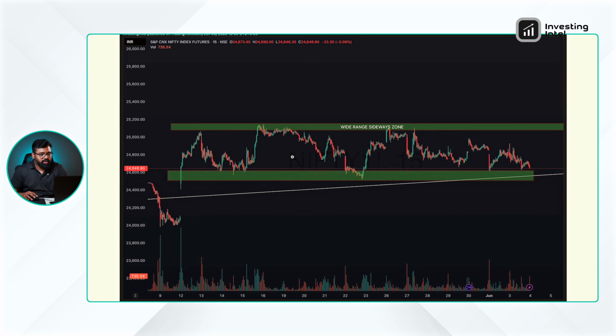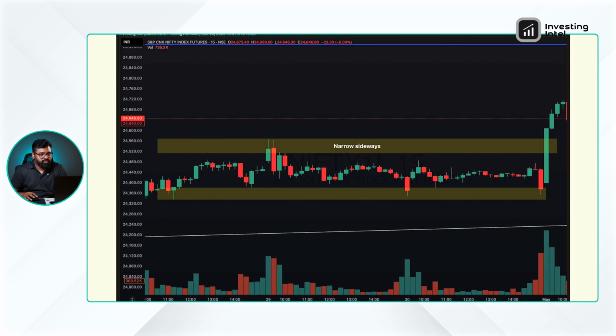It is a tradable zone where you can think of a good risk to reward ratio, and it will also help you enter at the right point. But when you see the narrow sideways zone, it is not a tradable zone.